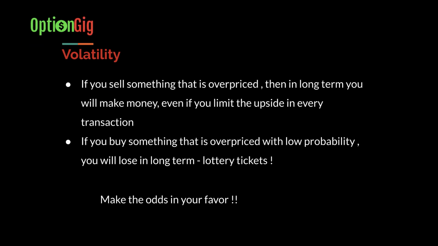Now, like I said, there is always a trade-off. The trade-off is that you limit your upside. But we have seen that even if we limit our upside, if we gain that edge and we do this often, multiple times, over a longer period of time that gives us an edge.